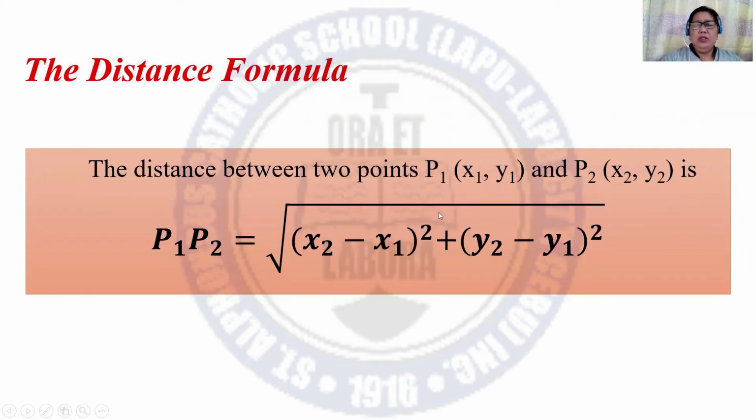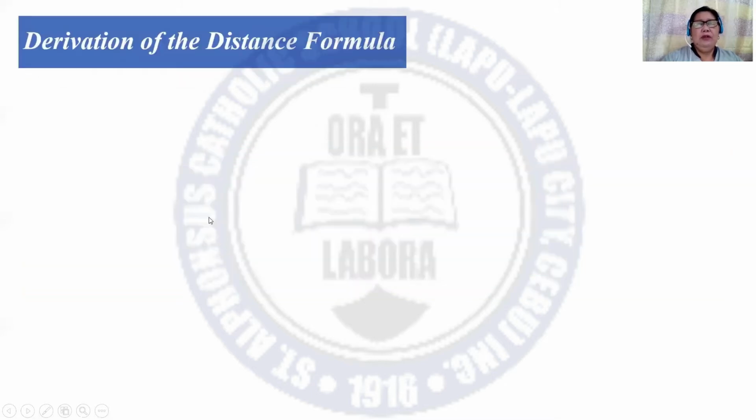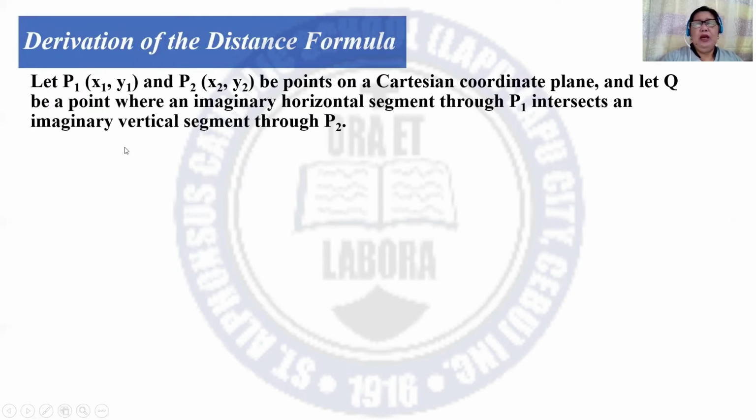The distance between 2 points represented by P sub 1 with coordinates x sub 1 and y sub 1, and P sub 2 with coordinates x sub 2 and y sub 2, is equal to the square root of the square of x sub 2 minus x sub 1 plus the square of y sub 2 minus y sub 1.